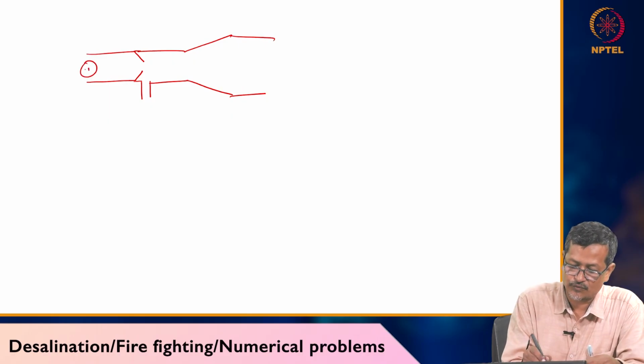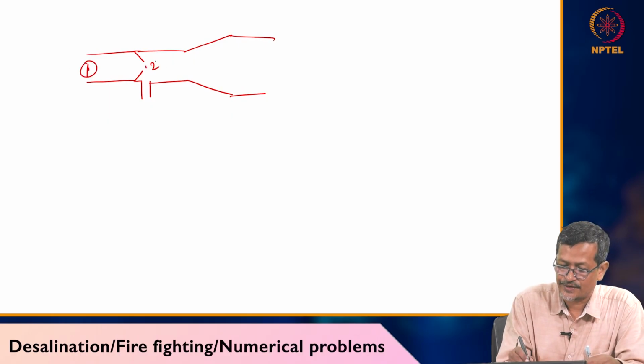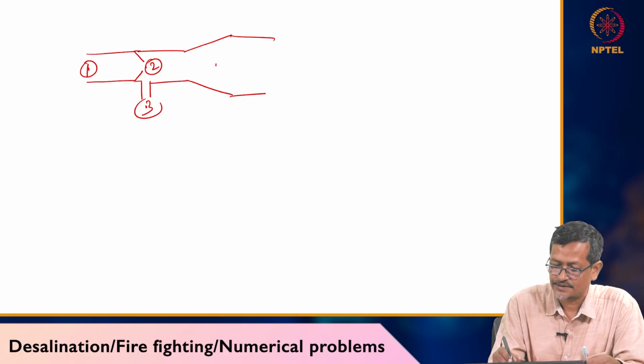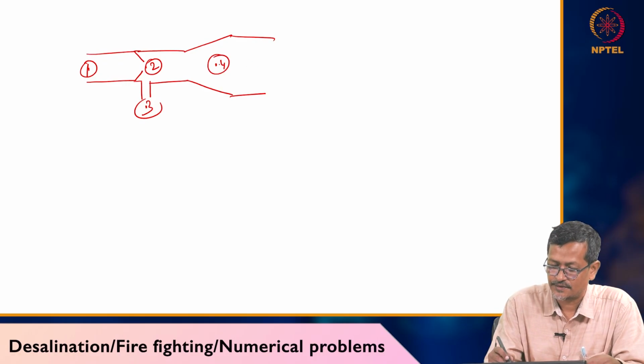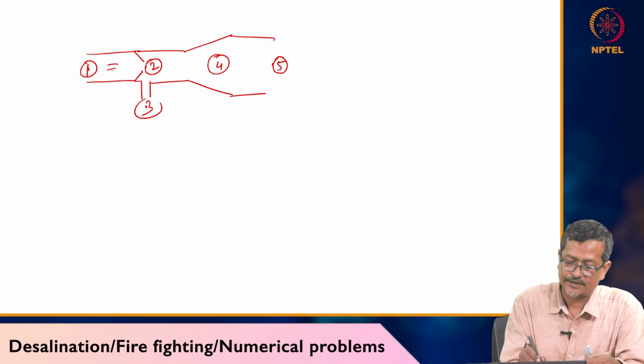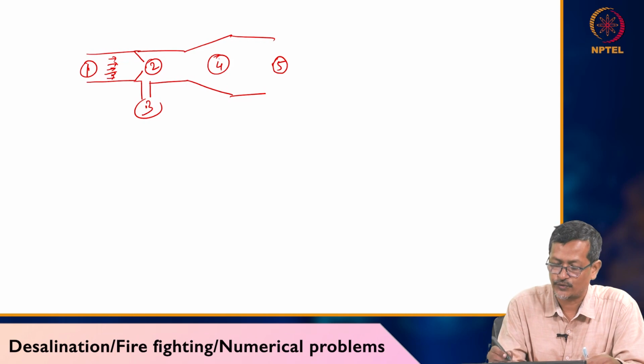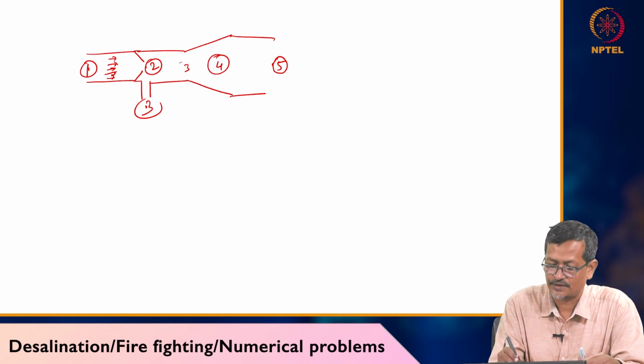This is point 1, this is point 2, this is point 3, this is point 4, and maybe this is point 5. Let's say fluid is moving from 1 to 2, 2 to 3, 3 to 4, 4 to 5. Point 3 is below, so 2 to 3, 3 to 4, 2 to 4, 4 to 5.